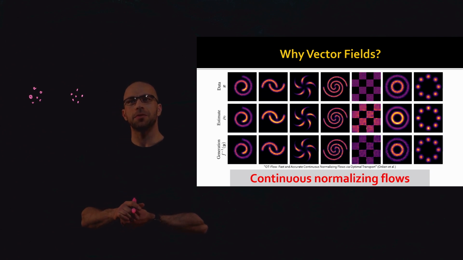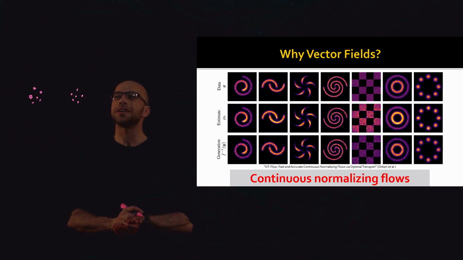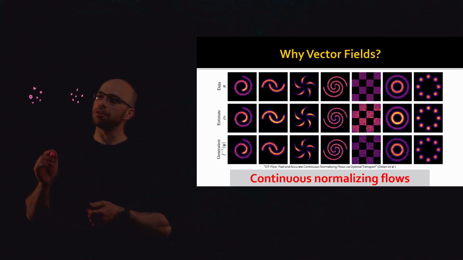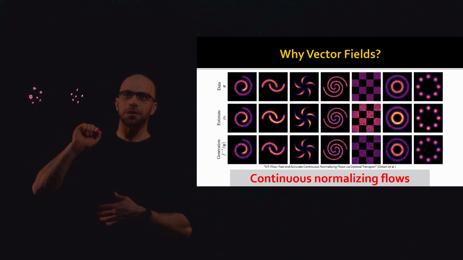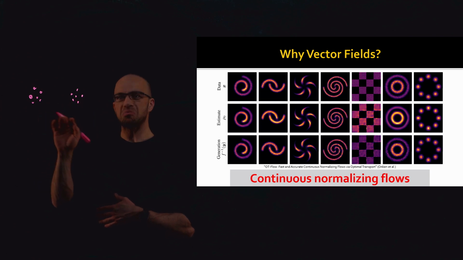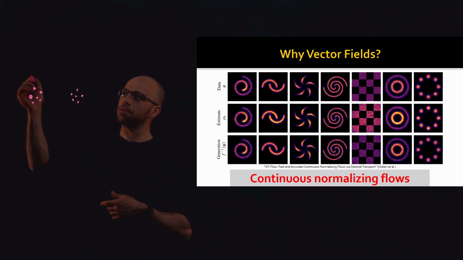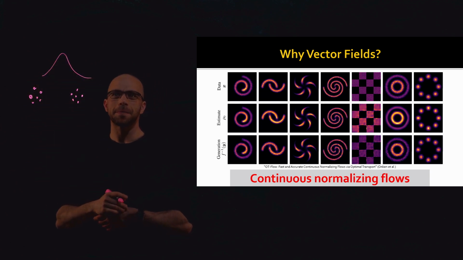Now, there are many different ways to do that, and this is a long-standing problem in machine learning, Bayesian inference, and other areas. But in the continuous normalizing flow universe, what you might do is say, well, I don't know how to sample from this distribution. In fact, maybe I don't even have a smooth distribution function. But one thing I can do is sample from like a Gaussian distribution centered at some canonical point.